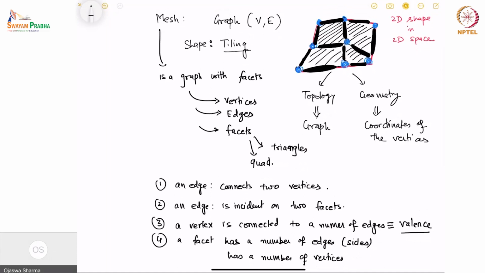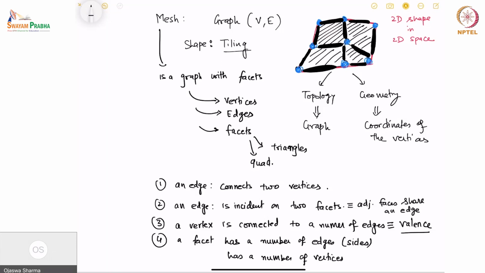These two, number one and number two, are always true and fixed. So an edge is always connected to two vertices, and an edge is always incident to two faces, right? And this is equivalent to saying that adjacent faces share an edge. I hope that's clear. So that's about meshes.